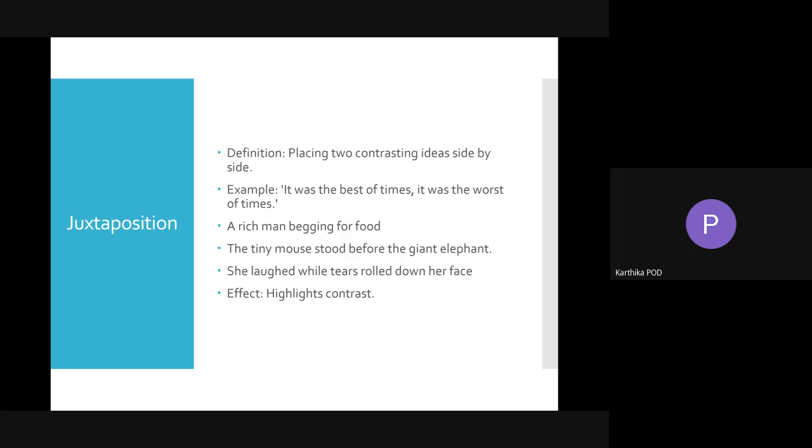He's trying to describe the time where this tale happens. And how does he describe the time? He starts with, it was the best of times, it was the worst of times. So when you're placing two contrasting ideas together, we call that figure of speech juxtaposition.